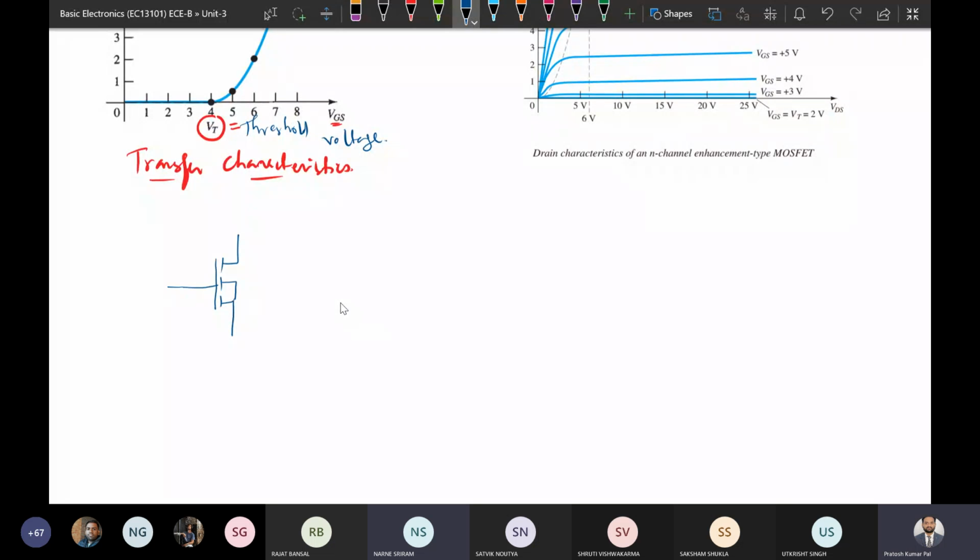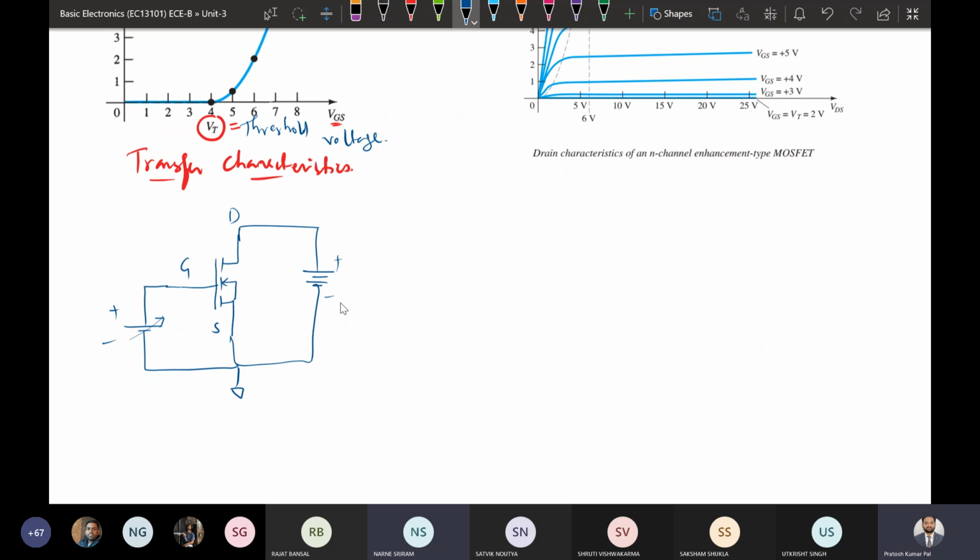Here this is gate, this is drain and this is source. Suppose we have applied a positive drain to source voltage, and at that time we are increasing the gate to source voltage. So this is an n channel enhancement type MOSFET.